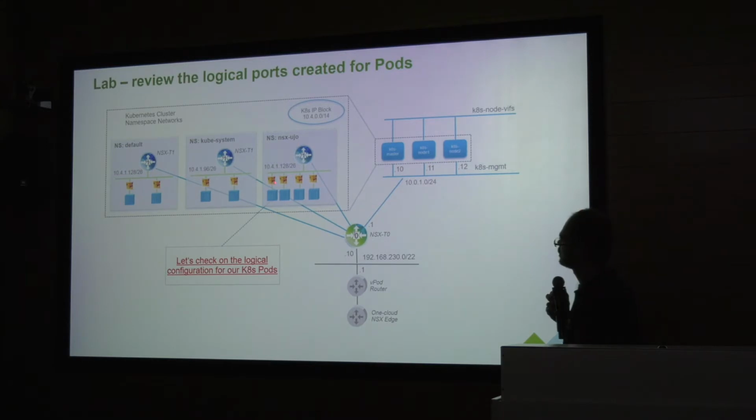So here in this demo, in the previous one we created a new namespace with a dedicated router, with a dedicated subnet, with a dedicated logical switch. And now we will attach new pods into this namespace.